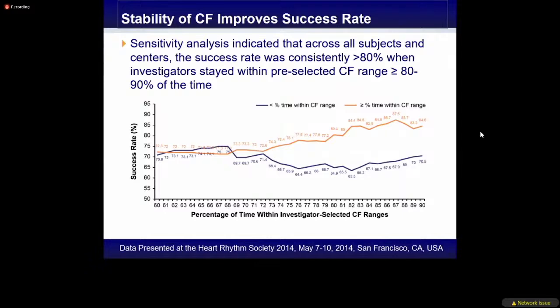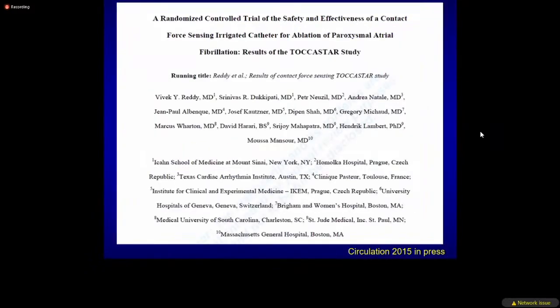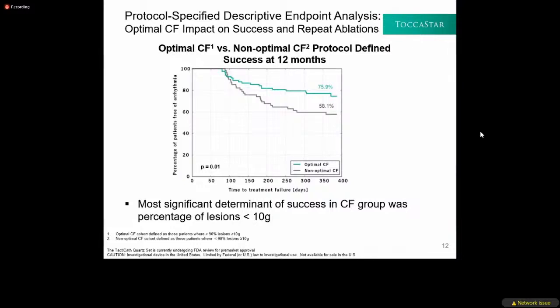In this other paper, it was about 90%, again showing the same benefit of having a stable contact force. It's important that when you deliver energy you are stable, because once you deliver energy and cause edema, you might not have another chance to affect the tissue permanently.